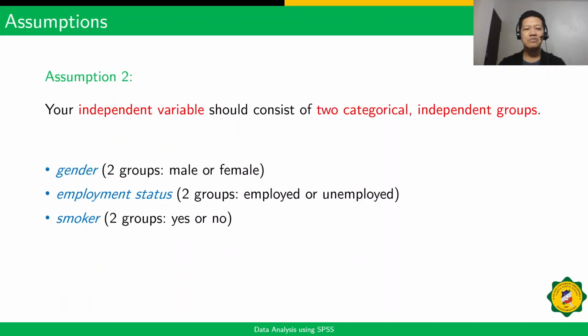The second assumption is the independent variable should consist of two categorical independent groups. For example, gender, male or female; employment status, employed or unemployed; and smoker, whether he is a smoker or not.